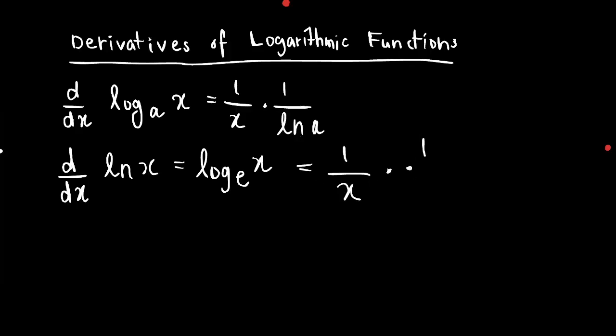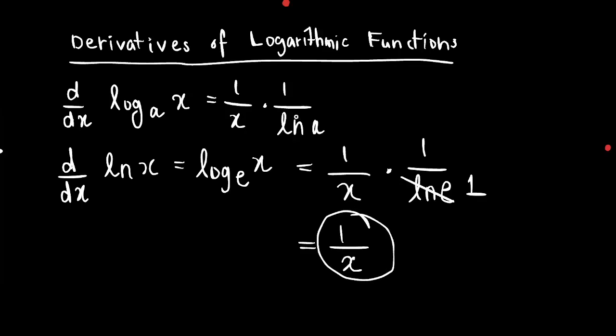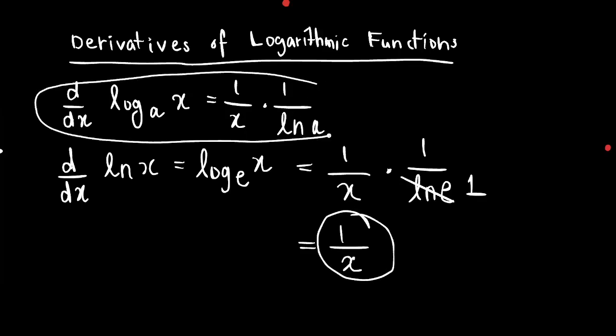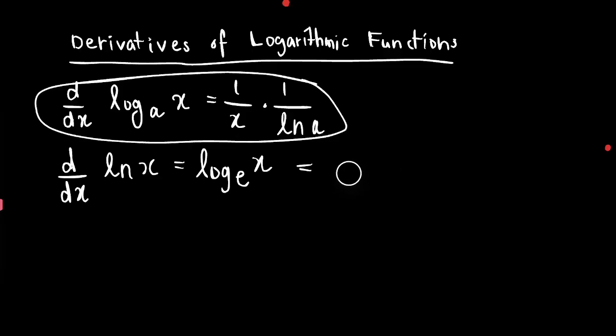So 1 over ln, the base here for a natural logarithm is e. And once again, we know that ln of e is just 1. So 1 over x times 1 over 1 leaves us with just 1 over x. So the derivative of the natural log of x is just going to be 1 over x. So this is something that may seem a bit tricky at first here, but I promise you're going to be using this a lot, and you'll just commit it to memory as you do more problems.